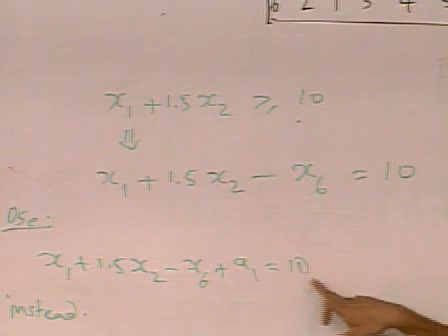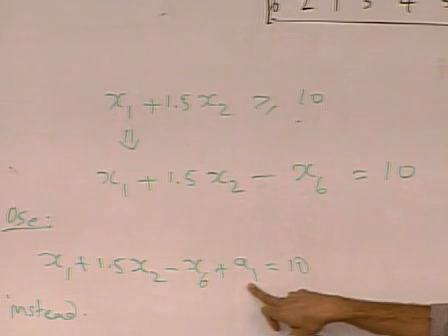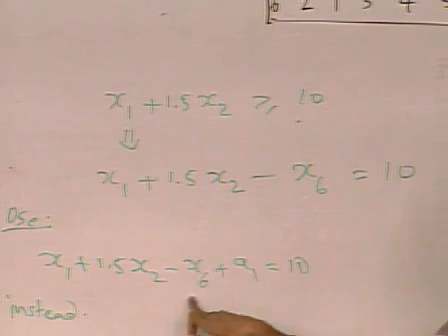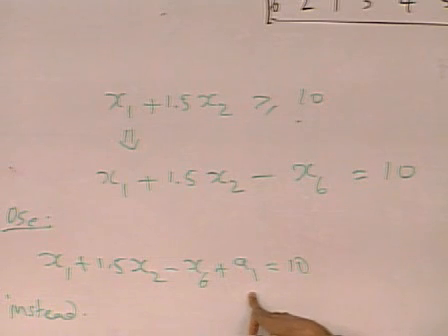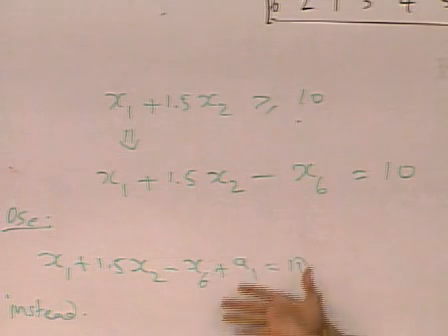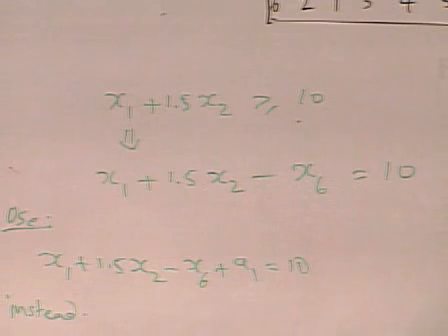Of course, if I had this equation, I could use A1 as a basic variable here, and everything would be fine. So I would let x1 be 0, x2 be 0, x6 be 0, and A1 be 10. Now the problem is that that solution doesn't satisfy the equation that you were given. It just satisfies an equation that you've cooked up. So you're not solving the original problem.